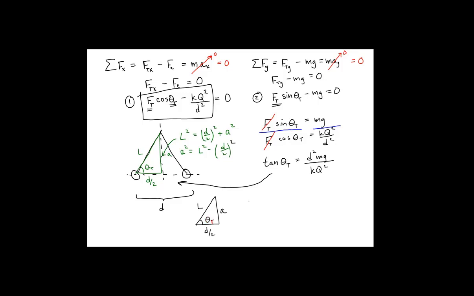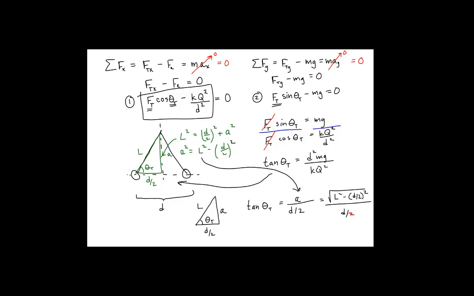You know from trigonometry that the tangent of that angle is equal to the opposite side over the adjacent side. Oh, and you know what? Earlier, we solved for the square of that opposite side. So we could write that opposite side as the square root of L squared minus d over 2 squared, over d over 2.